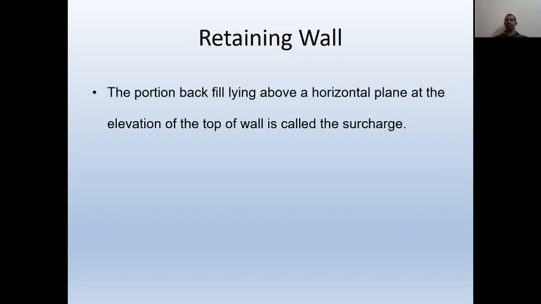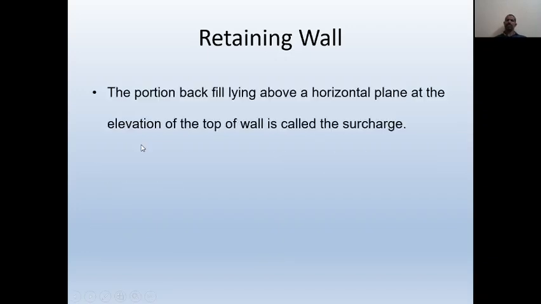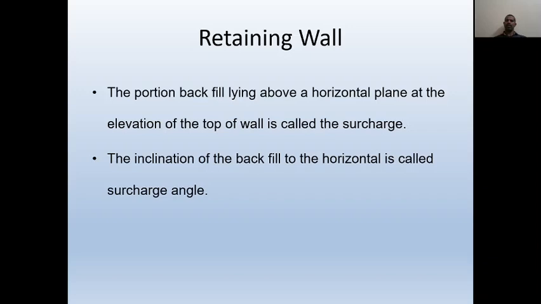And the portion of fill lying above the horizontal plane at the elevation of the top of the wall is called surcharge, and I will show in the diagram what surcharge and surcharge angle are. The inclination of this backfill to the horizontal is called the surcharge angle.